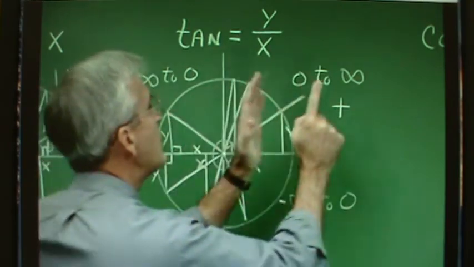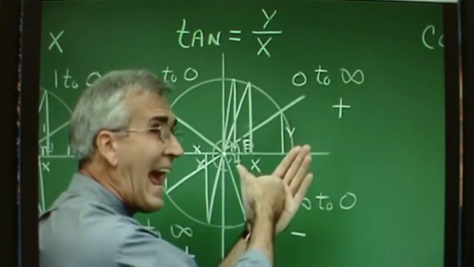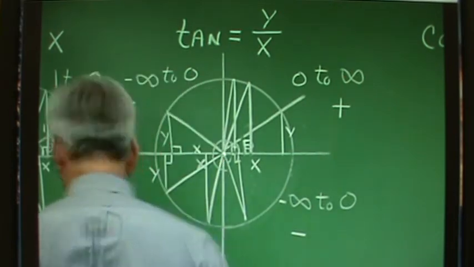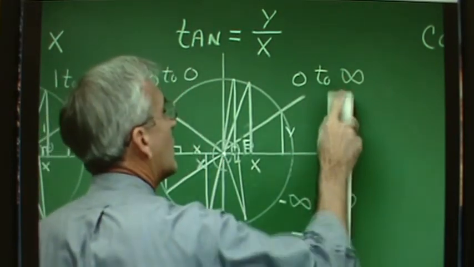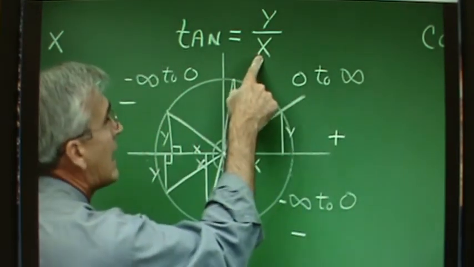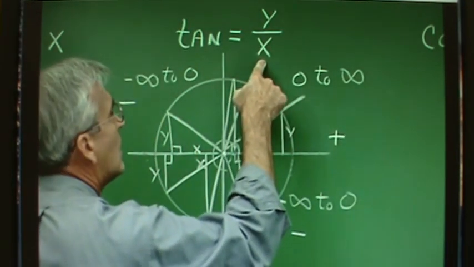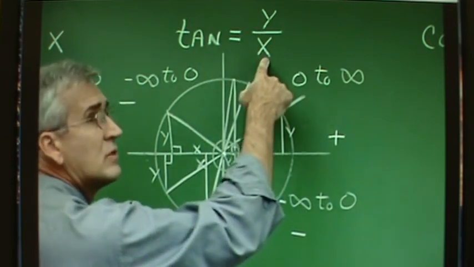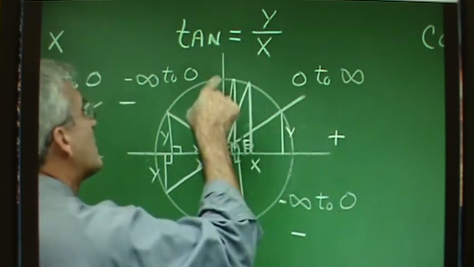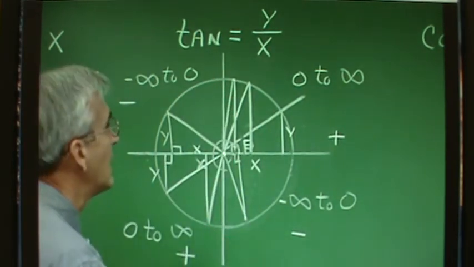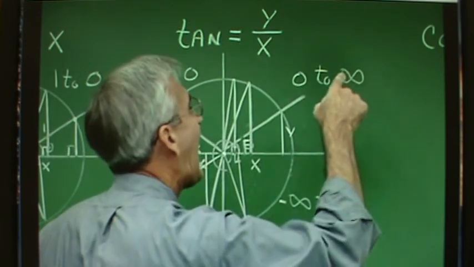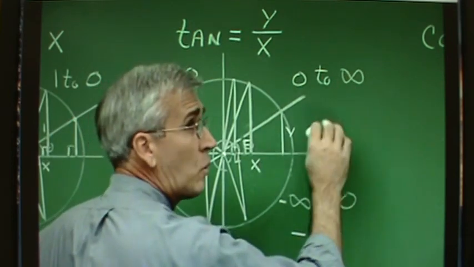Well, we approach infinity, but when we get right at 90 degrees, we're not at infinity. Infinity is not an actual real number, but our denominator becomes 0. And when the denominator becomes 0, the situation is undefined. So the tangent at 90 degrees is undefined. Now, so we're going 0 to infinity, but at the 90 degrees, we're undefined.